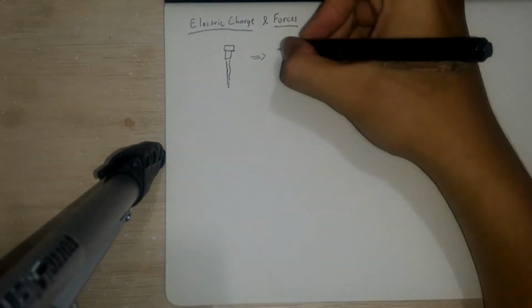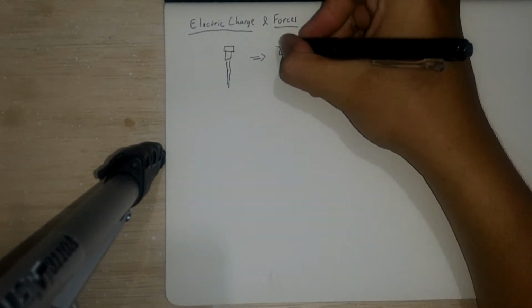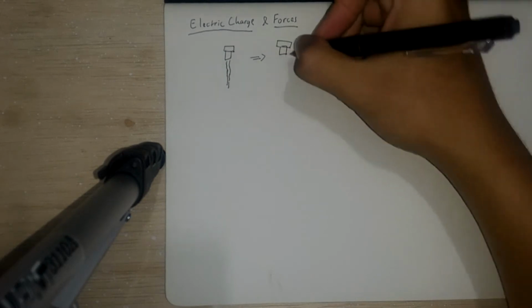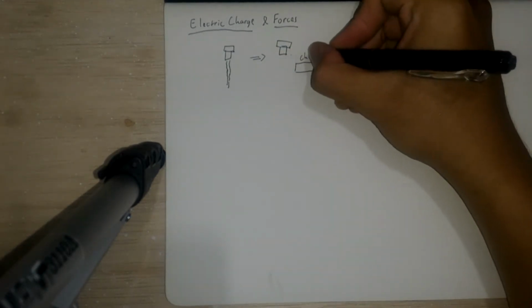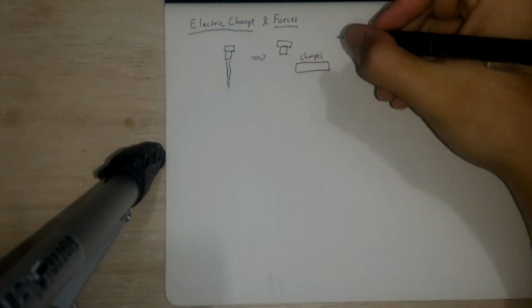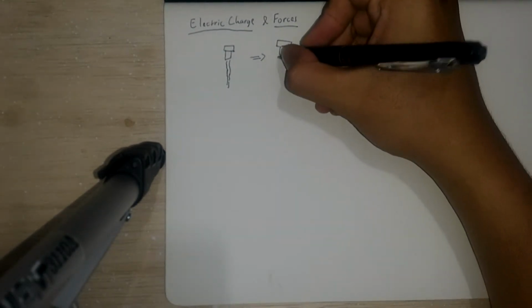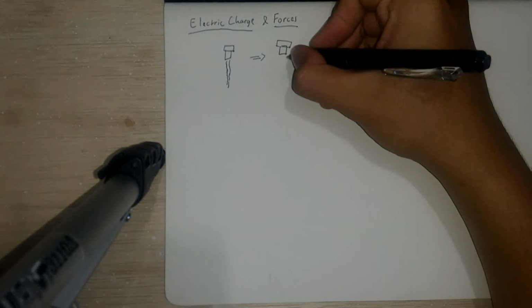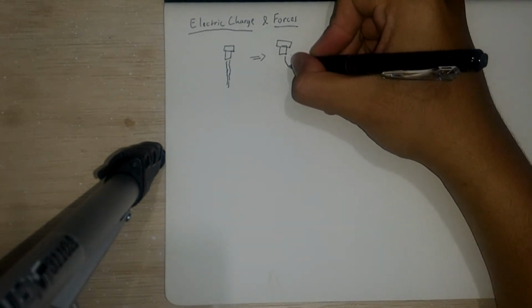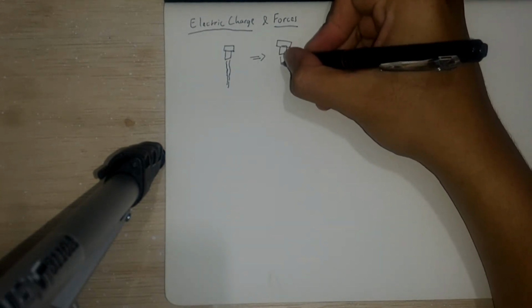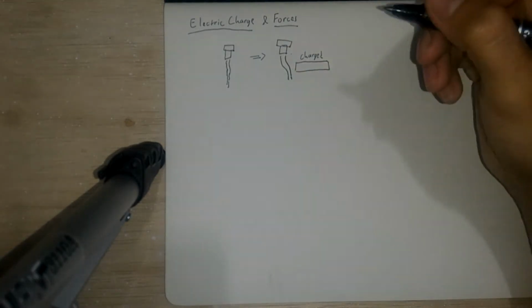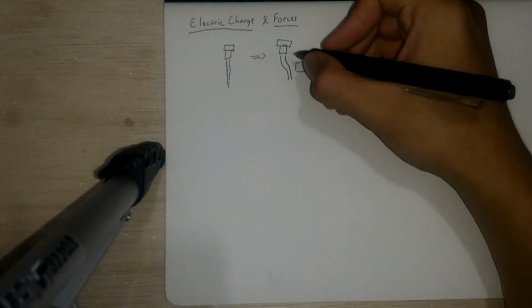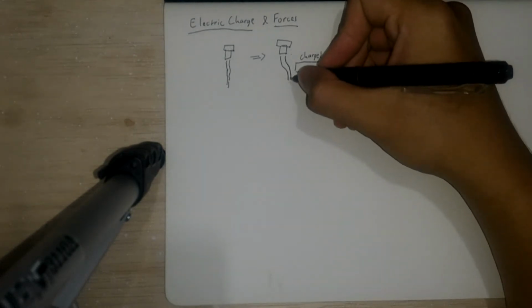But when we put a charged object like this charged ruler near it, the water will not go straight down. Instead, it will bend closer to the charged ruler a little bit, then go down. That's what we're going to focus on today, to explain why this happens.